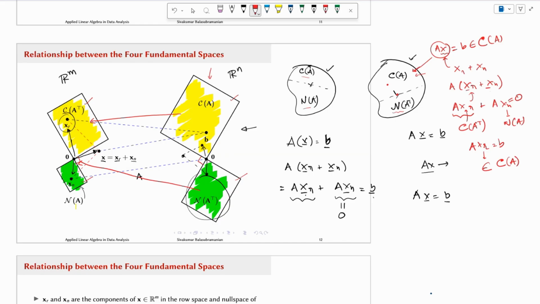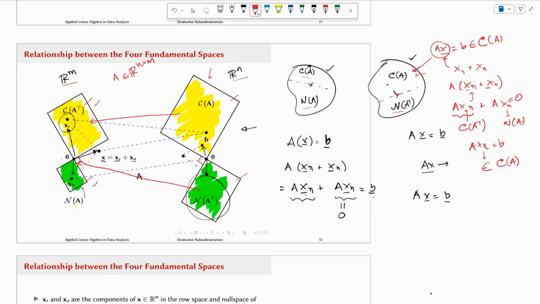In addition to these properties, another interesting property is that the four fundamental subspaces are mutually orthogonal, especially two of them, or pairs of them. The row space and the null space are subspaces of Rm, assuming A is n cross m, and they are orthogonal.